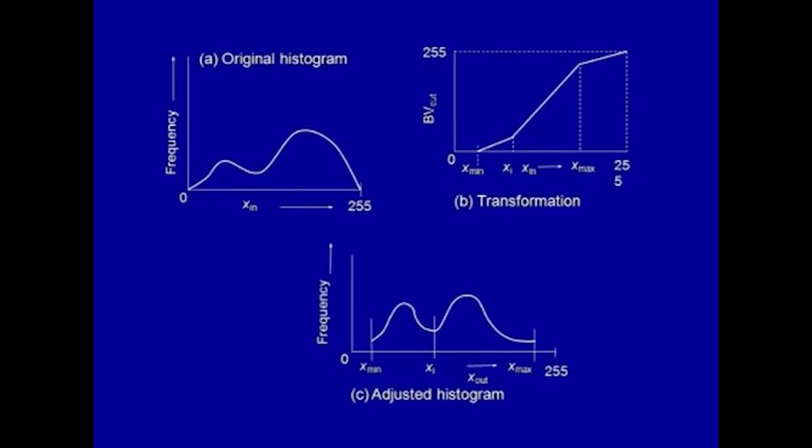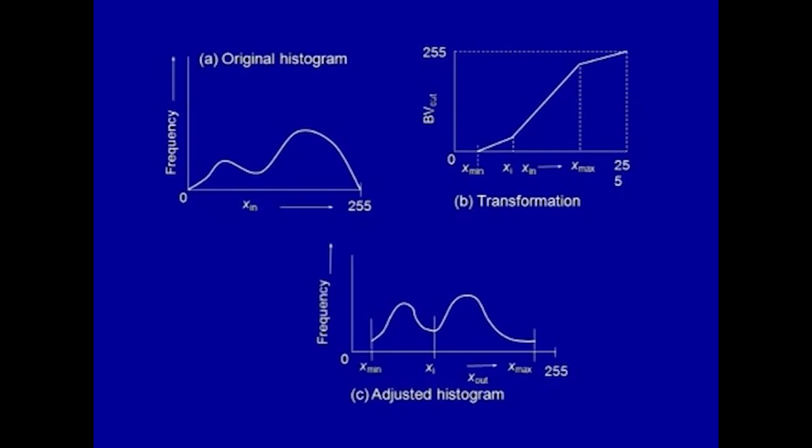There are two peaks, and in order to provide good stretching or contrast enhancement, what we may do is break it up into three different regions having three different linear functions of varying slope. By adopting such a procedure, the image histogram improves again in terms of its shape and the nature that is portrayed.